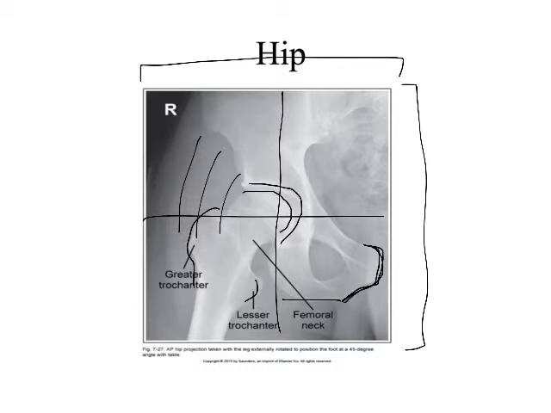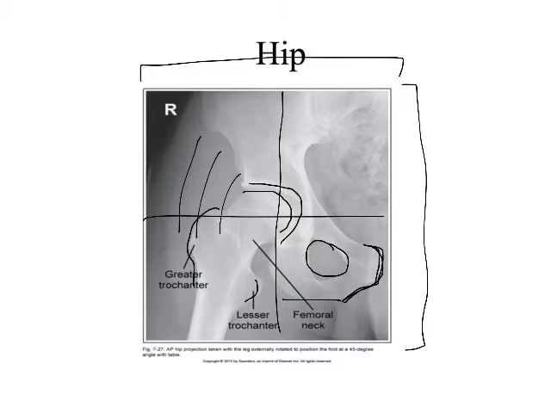Let me see. Okay, what is this thing right here? Yeah, the obturator foramen, right? Now, its significance to this image is what? What can I learn by seeing that it's open on this image?